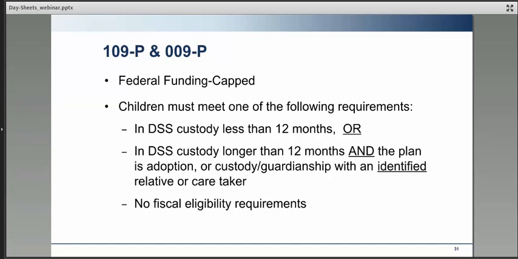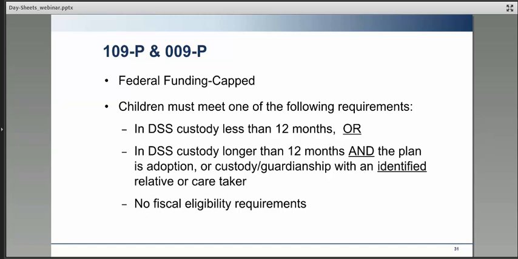But if they're in care longer than 12 months and the plan is adoption or custody and guardianship, with an identified relative or caretaker. You must have them identified. It can't just be wishful thinking that we made the plan and we hope we find somebody someday. But if you've got someone identified, then you can use P. And there is no fiscal eligibility requirement, which is helpful to us.